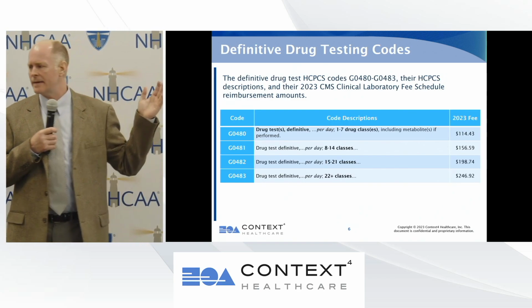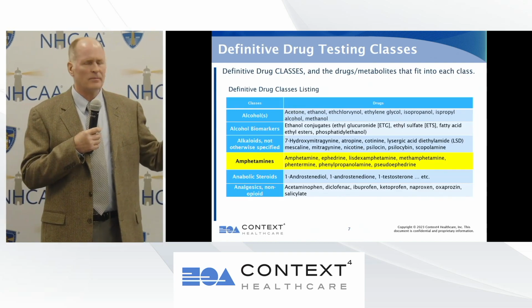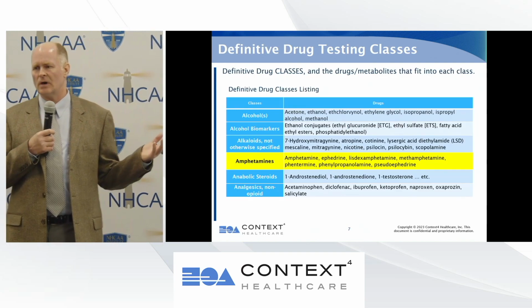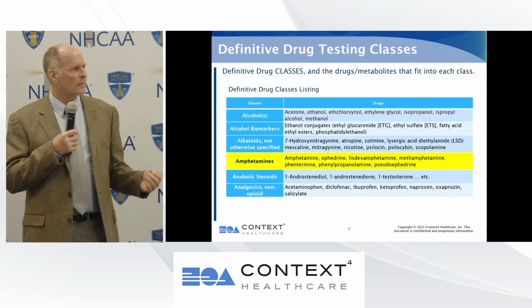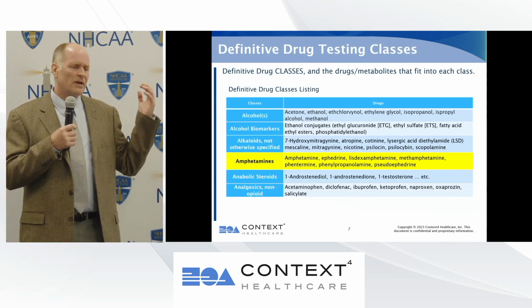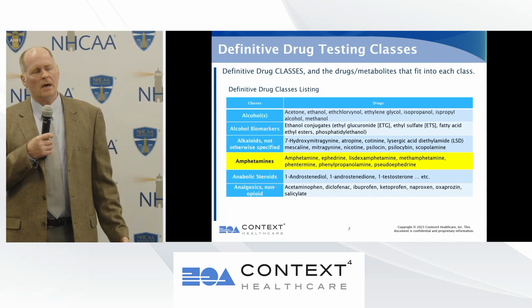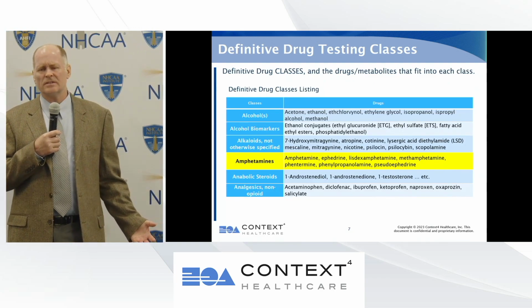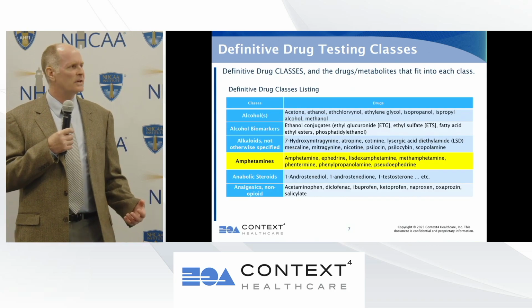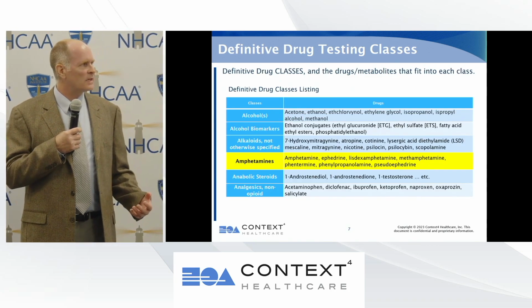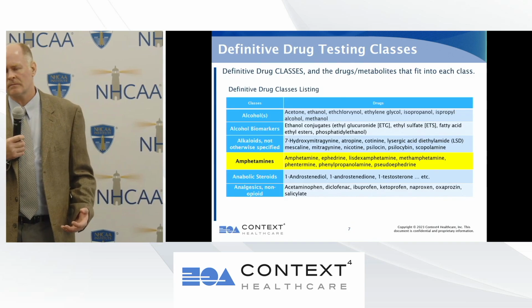So in the next slide, I'd like to elaborate on what is a definitive drug class. Drug classes are determined by the FDA. Drugs within the same class basically share significant scientific properties.